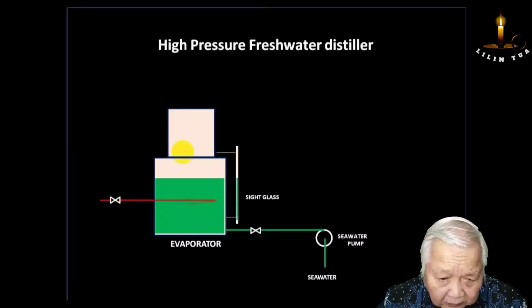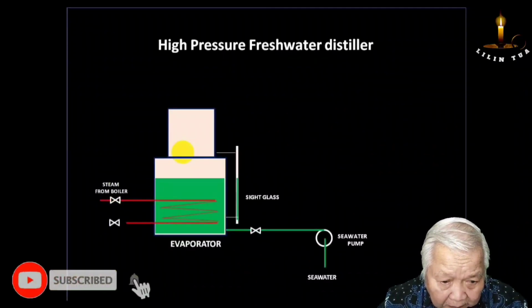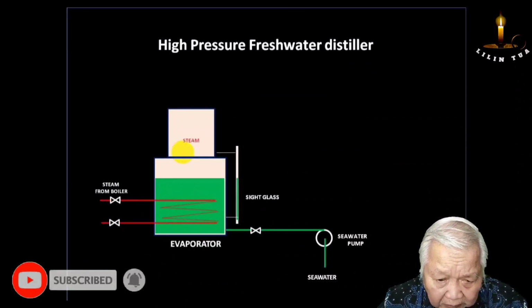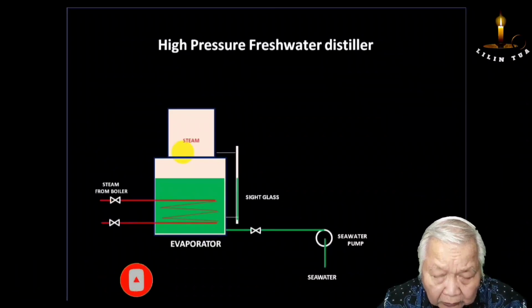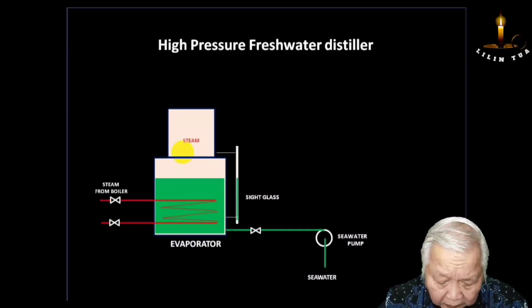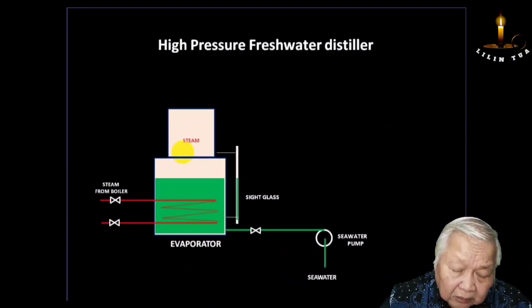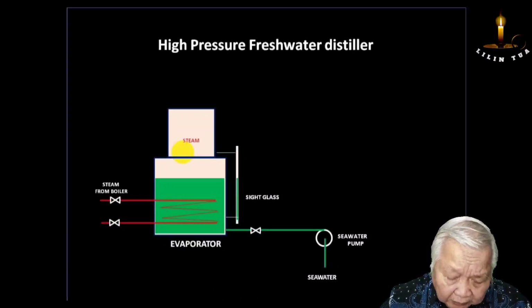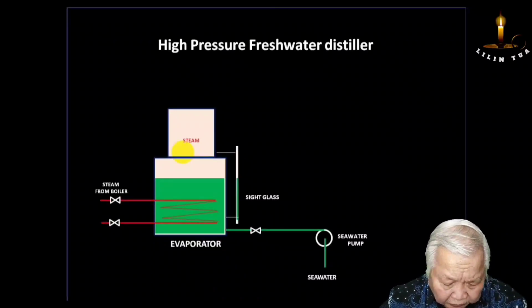And then the vaporizing media, because it is a high pressure system method, above 1 atmosphere or 1 bar. So the vaporizing medium must have a temperature higher than 100 degrees Celsius.